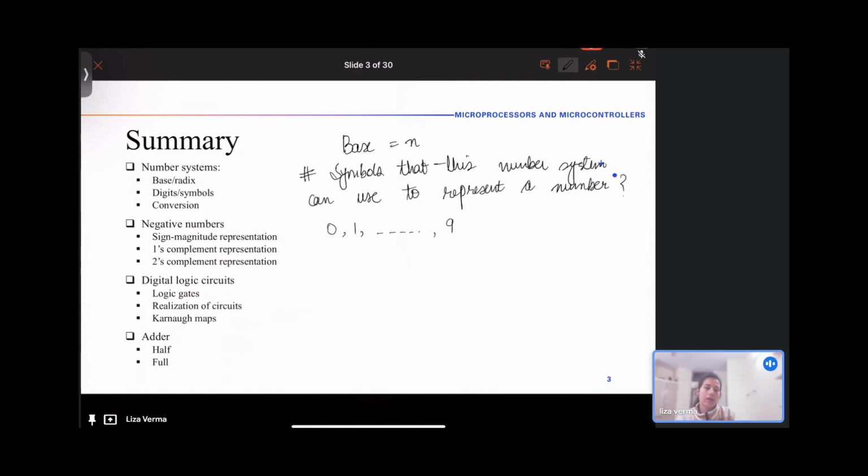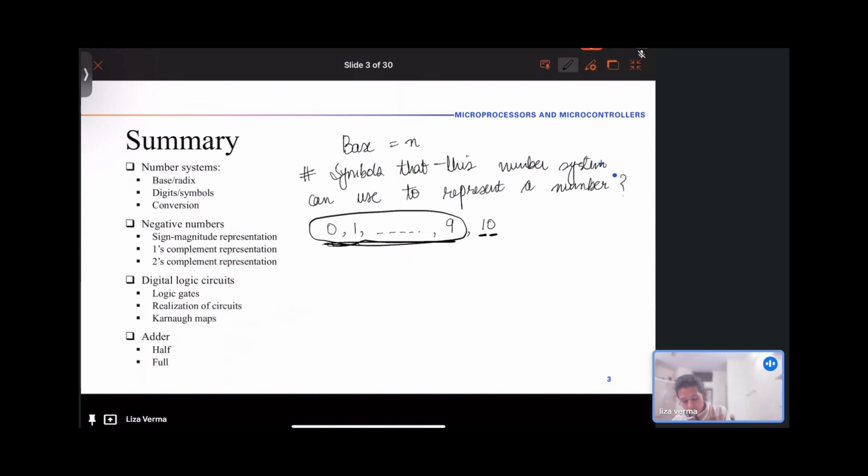Now after 9, if I want to represent 10, it requires two digits, two symbols that are already in our set of symbols, right? Which means 0 to 9 are the only symbols that can be used in this number system with base 10. After 9, all of the numbers can be represented using various combinations of these 10 symbols, right?